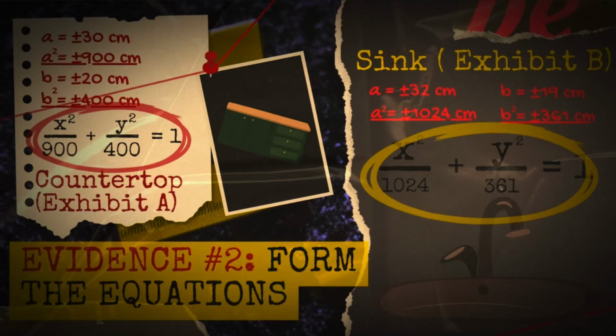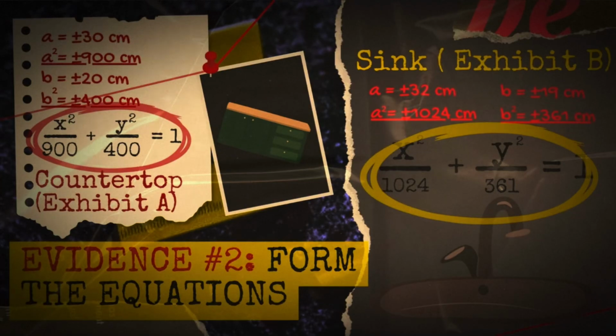We already got the values of a and b for our exhibit B, which are 32 for a and 19 for b. To get a squared and b squared for the standard form, we just need to square those values. So for a squared, 32 squared is equal to 1024.